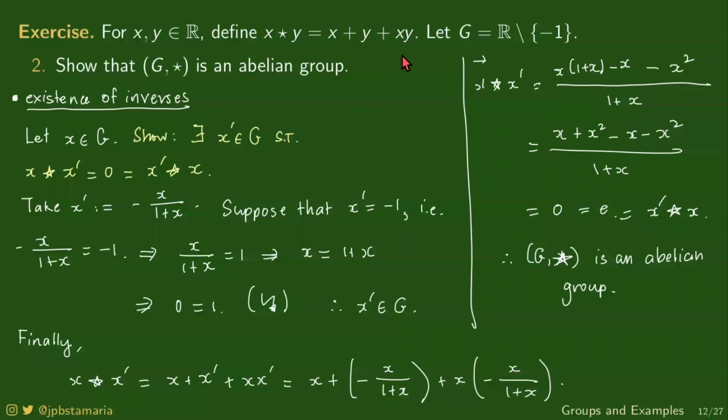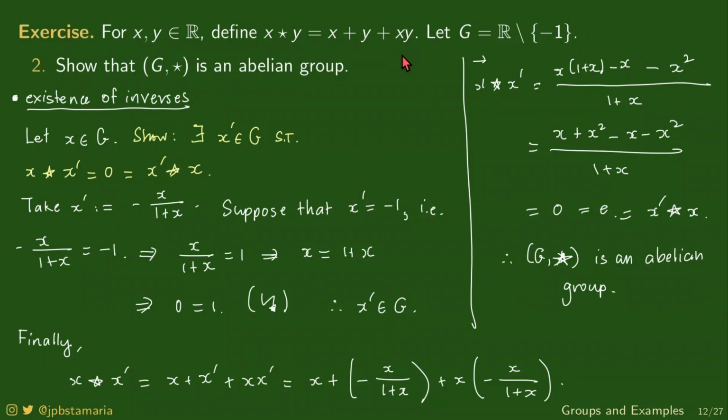At this point, pag-uusapan natin yung mga properties that groups satisfy in general. So, generally, ano-ano yung mga katangian ng isang group? Kapag sinabi natin na si G star is a group, what are the properties that it enjoys?